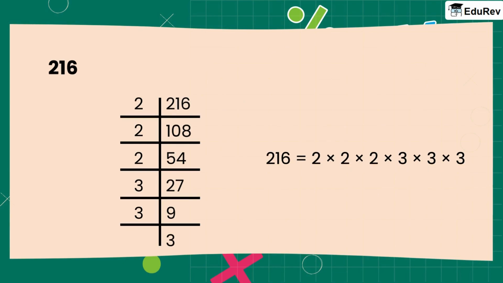So, let's check if 216 is a perfect cube or not. It is a perfect cube. Why? Because, in the prime factors of 216, we observe each prime number occurring in multiples of 3 times. 216 is equal to 2 cube multiplied by 3 cube.